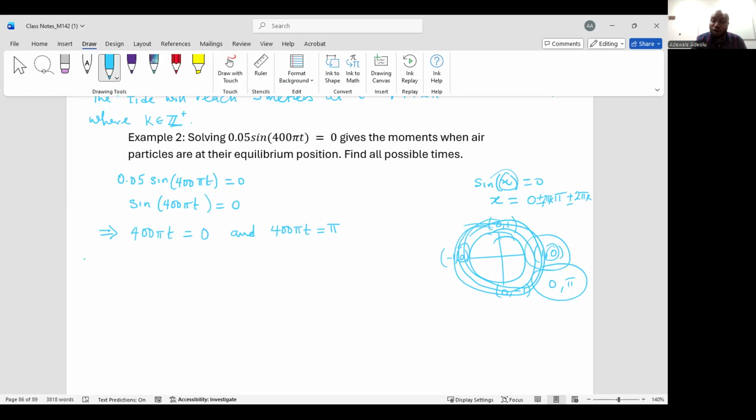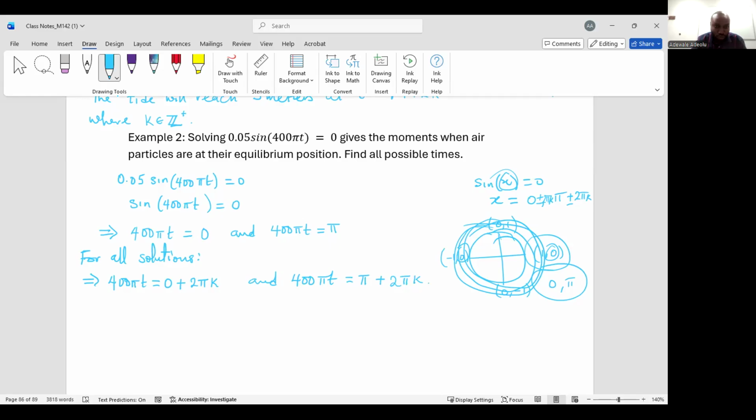For all solutions now, we need to find where 400 pi t equals 0 plus, again, we are dealing with time, so 2 pi k, and where 400 pi t equals pi plus 2 pi k. We are dealing with time. So let us solve this part.